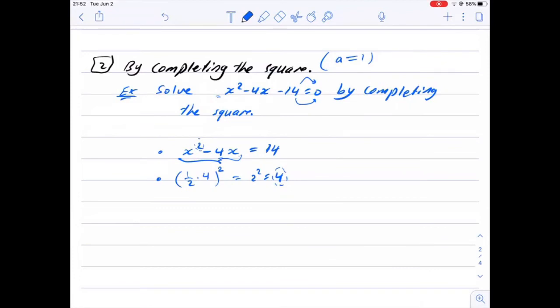Okay, so we add this number before and after the equality. On the right hand side, we can either add it before or after the 14.